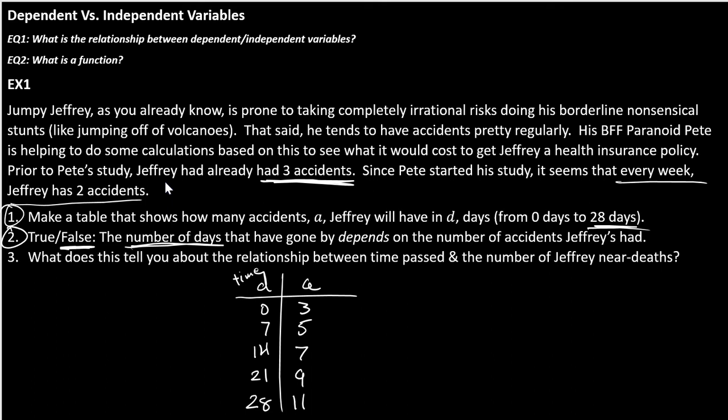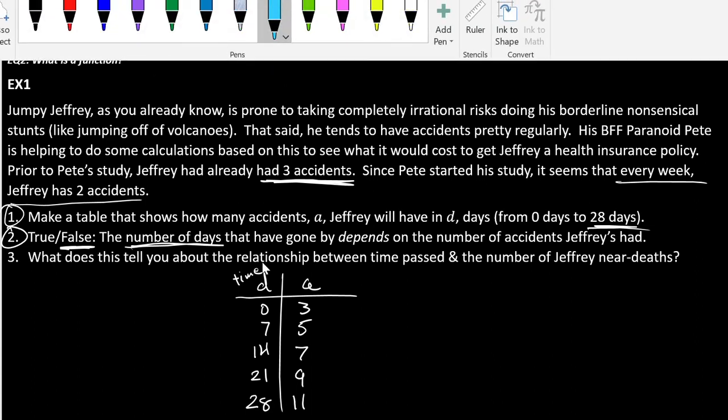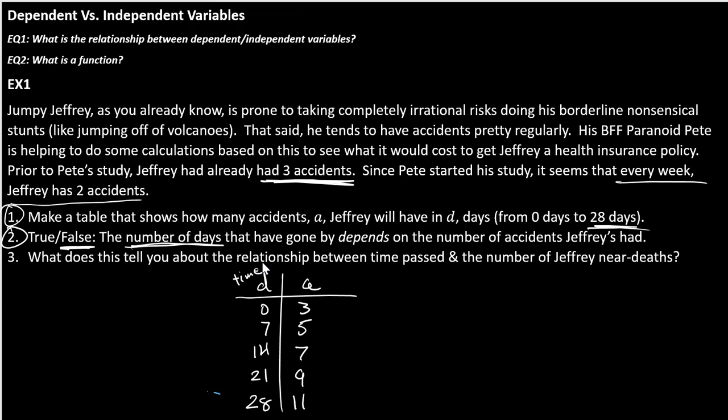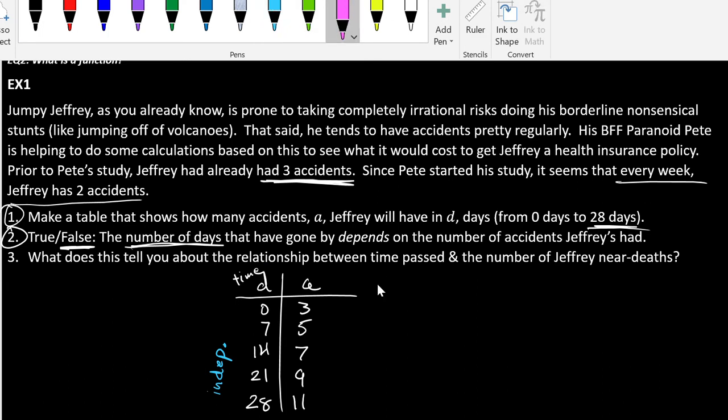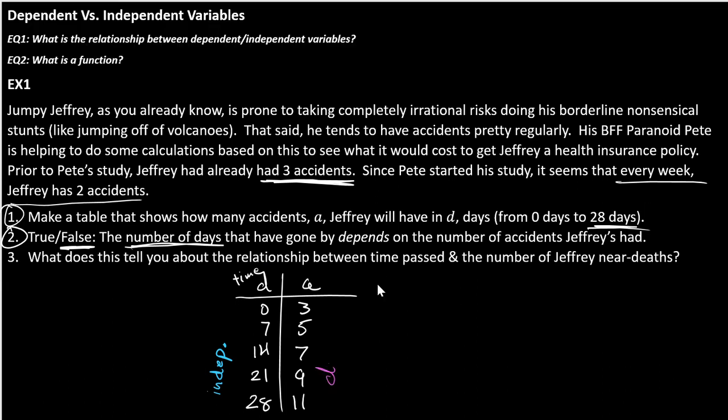So days is our independent variable. I'll just try and write this sideways here. Independent variable, which means that the number of accidents is our dependent variable. The number of accidents depends on how many days have gone by.